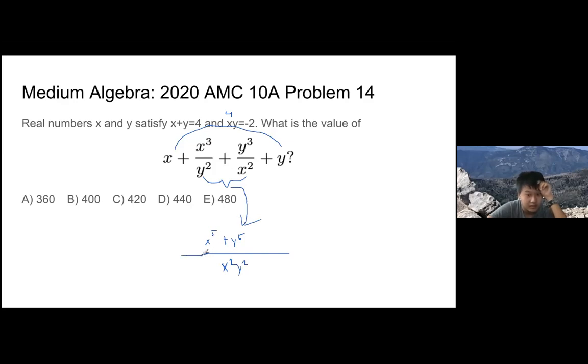So that might not have been the best idea. Let's take a step back. What happens if we don't get rid of this x and y first? Let's make it part of our fraction. Which means now the top factors into x cubed plus y cubed times x squared plus y squared.